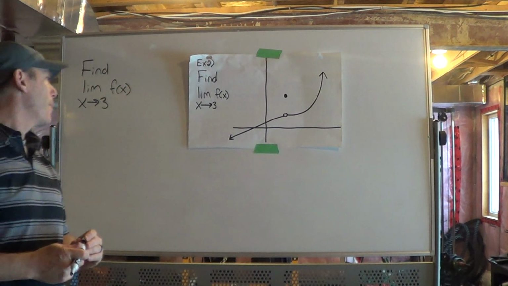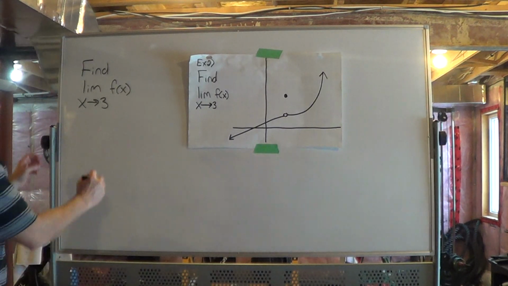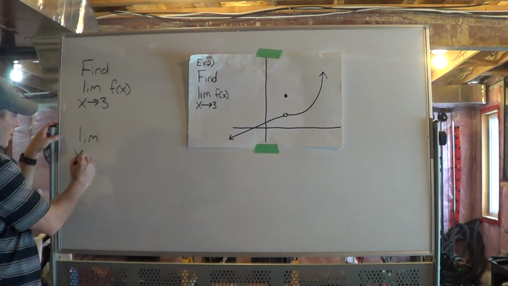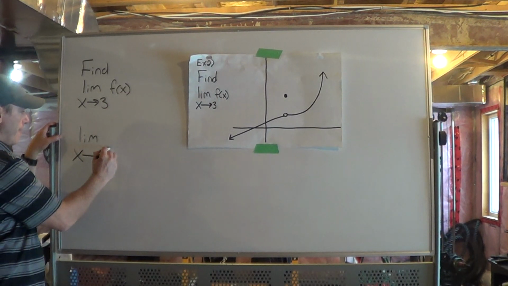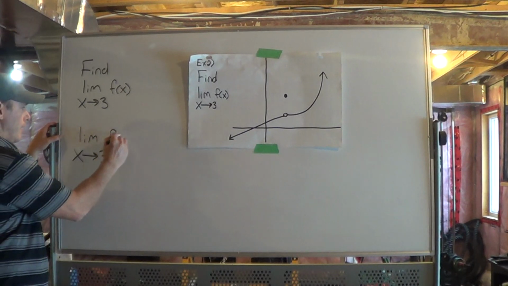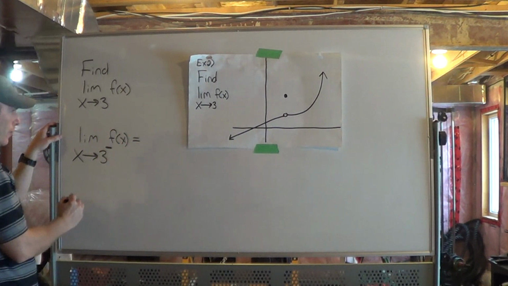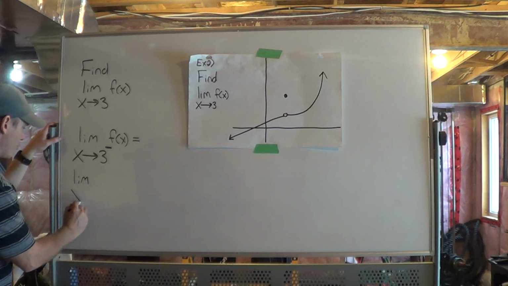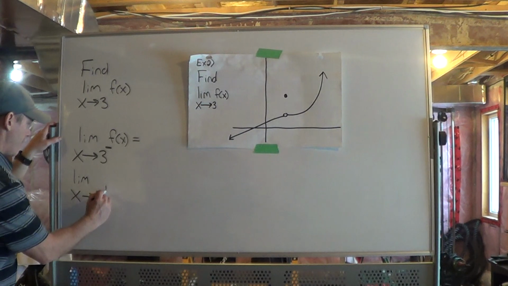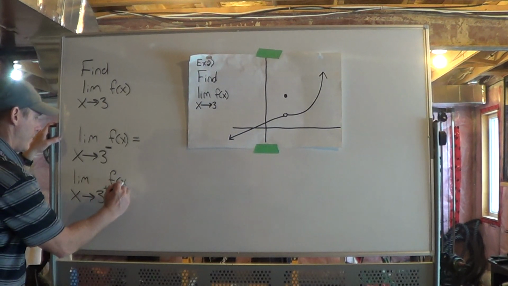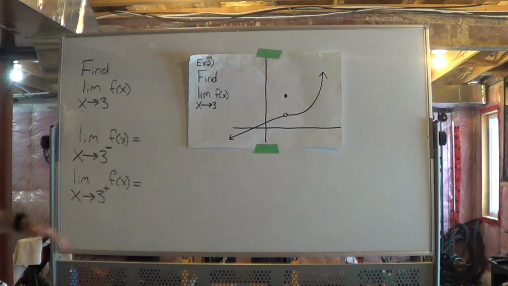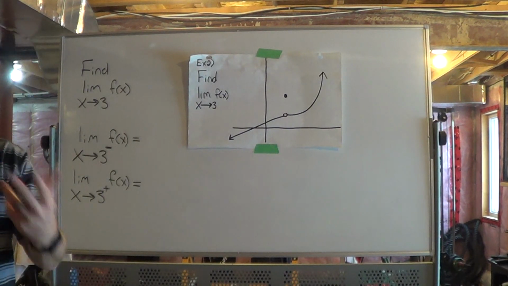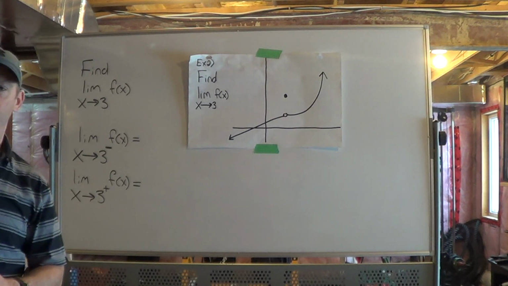Now what I need to do is, first of all, look at the left-handed limit, as x approaches 3 from the left-hand side, and I also need to look at the limit as x approaches 3 from the right-hand side. If those two things are equal, then our limit is going to be that number we came up with. If they're different numbers, then the limit does not exist.